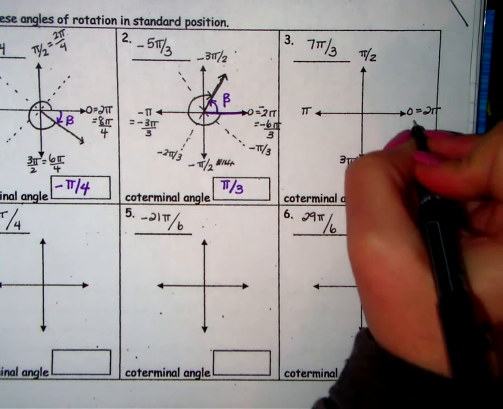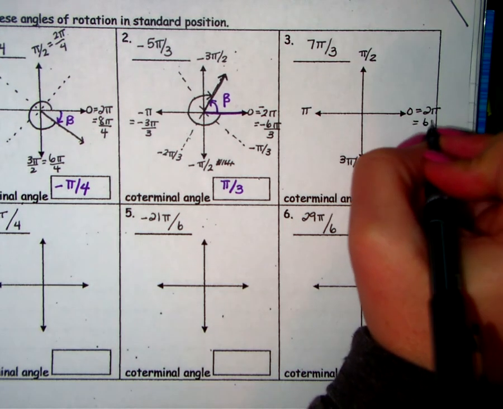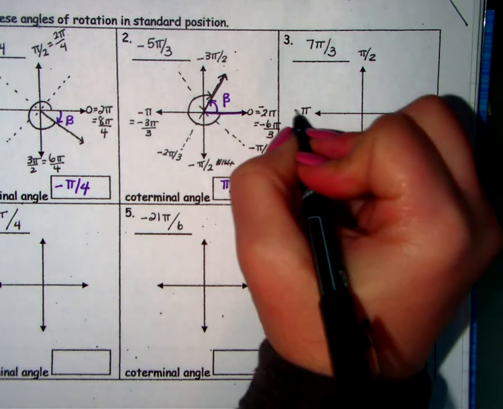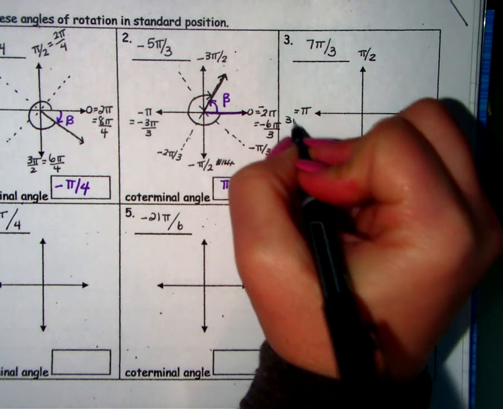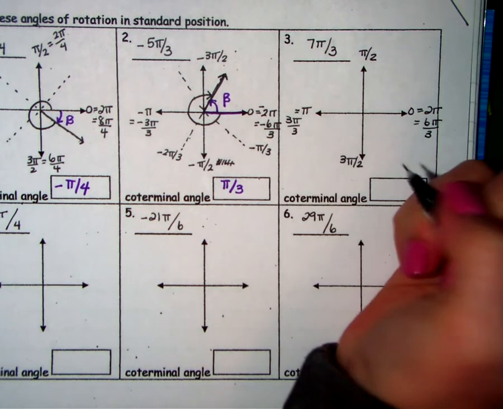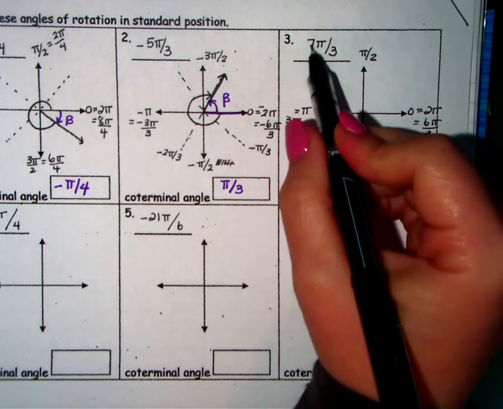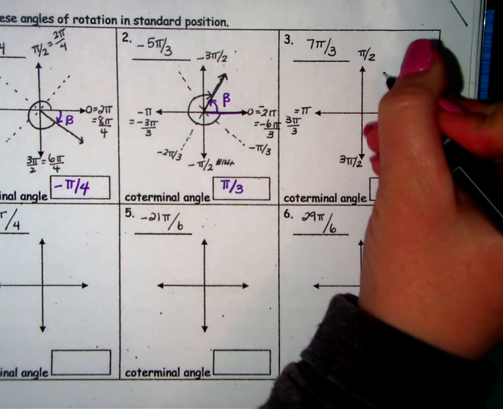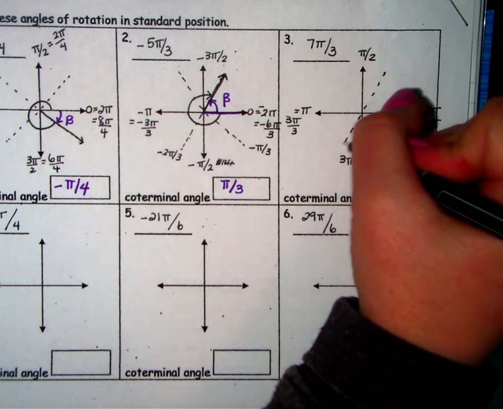That would be the same thing as going 6 of those pi over 3 increments, right? Or over here, I would have 3 of the pi over 3 increments in a positive direction. So going 7 of those, I can see that I'm just a little bit too far. So again, the pi over 3s are right about here.